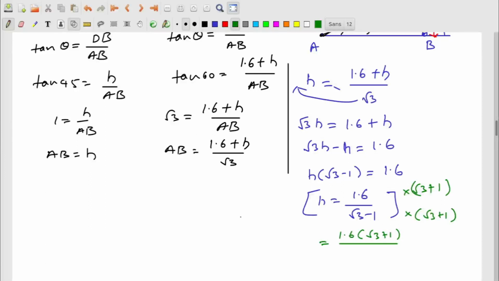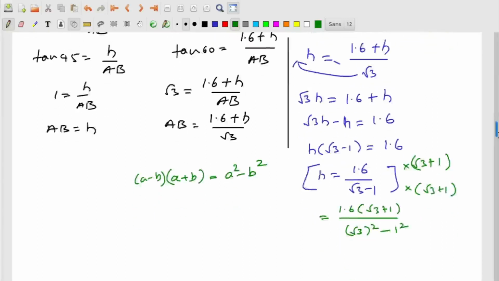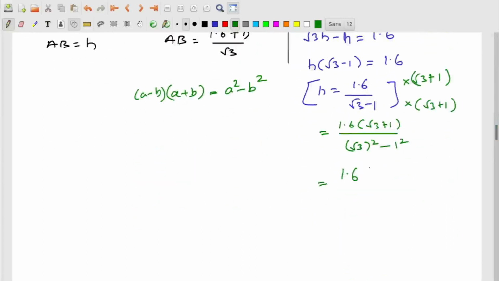Why do we need root 3 plus 1? Because if I take a minus b into a plus b, I will get a square minus b square. Hence, you will get a rational number. So here root 3 is a and 1 is b. You will get root 3 whole square minus 1 square. So 1.6 root 3 plus 1 divided by root 3 whole square minus 1. The root and the 2 will cancel out, because root 3 is 3 raised to 1 by 2, whole raised to 2.